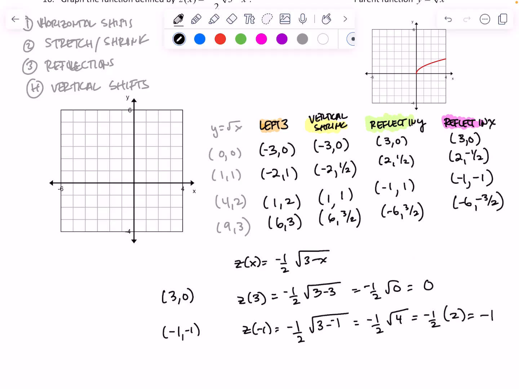We've got 3, 0. 2, negative 1/2. Negative 1, negative 1. And negative 6, negative 3/2.